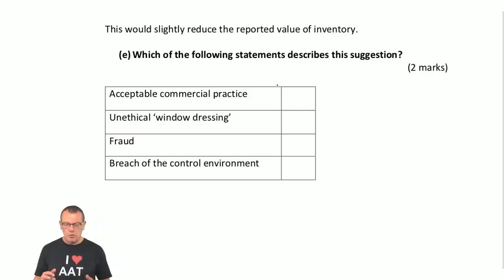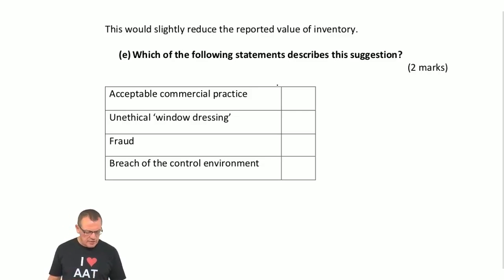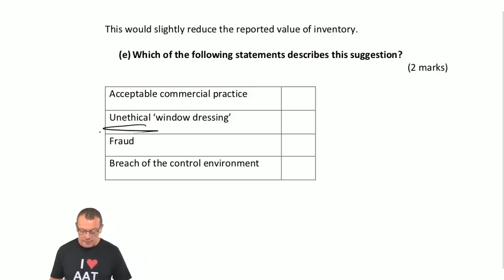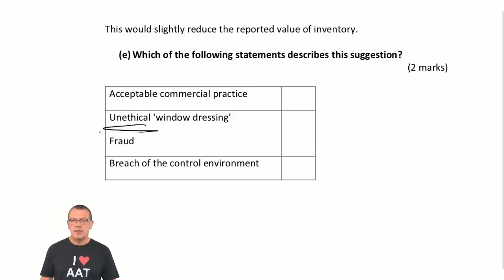And breach of the control environment, that really is thrown in as a distractor here. It's not a breach of the control environment. So I think for this particular situation, the answer to give here is unethical. That is the word. It is unethical, and it's window dressing. In other words, the accounts look better than they actually are, even though there's no fraud that's taken place.